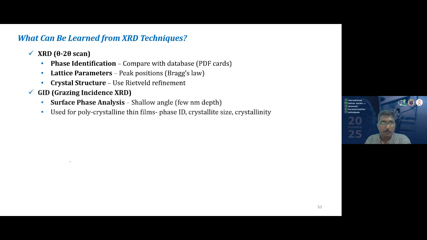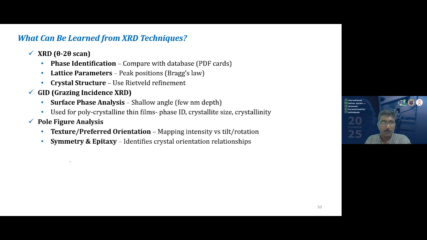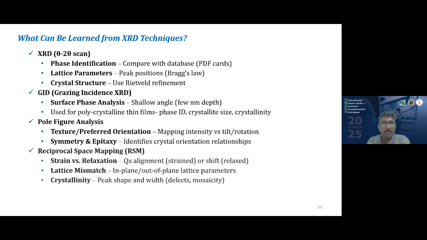It is usually used for polycrystalline thin films to identify phase, crystalline size, or crystallinity. Using pole figure analysis, you could measure texture or preferred orientation in the sample, or symmetry or epitaxial nature in the thin film can be confirmed. By using reciprocal space mapping, strain versus relaxation, meaning strain in the thin films, lattice mismatch in the thin films, etc. can also be determined.